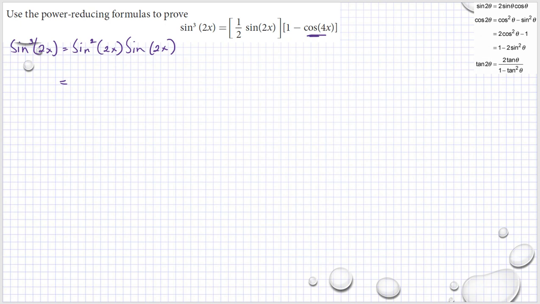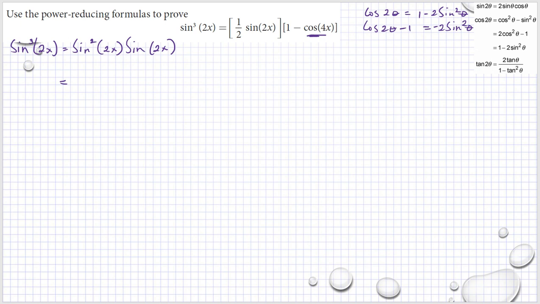So we have cosine 2 theta is equal to 1 minus 2 sine squared theta. There you go. If we subtract 1 from both sides, we have cosine 2 theta minus 1 is equal to negative 2 sine squared theta.